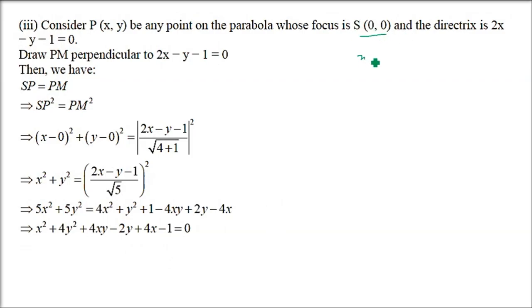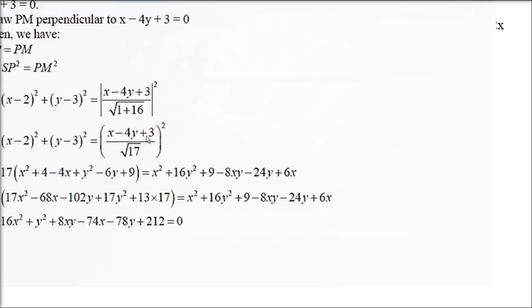Same, focus is this, xy distance from the focus 0, 0, and then distance from the straight line x minus y minus 1 equals 0. And since the distance we have already squared, x square plus y square will be there because the distance is from the origin. So this is the final equation that is going to come, same as what we did in the first part.